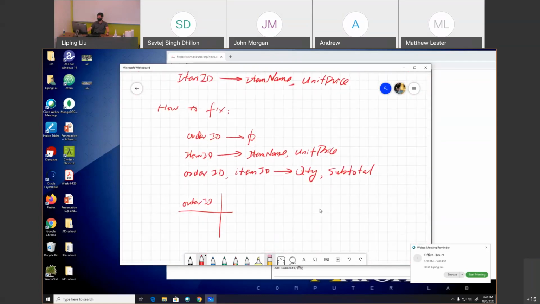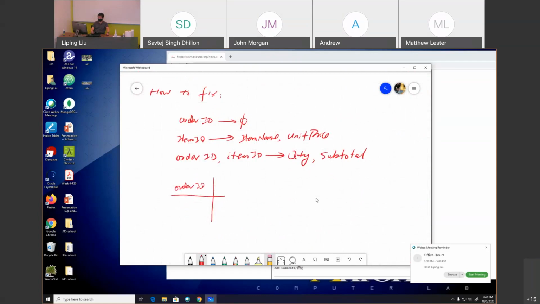All right, so then the second table is going to be produced with item ID as primary key, and then item name and the unit price as non-key columns.